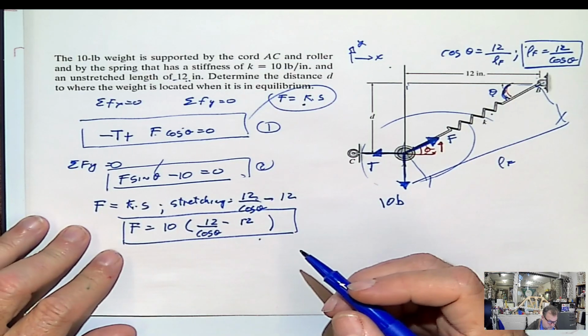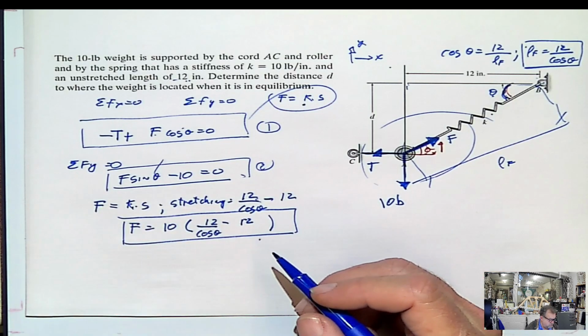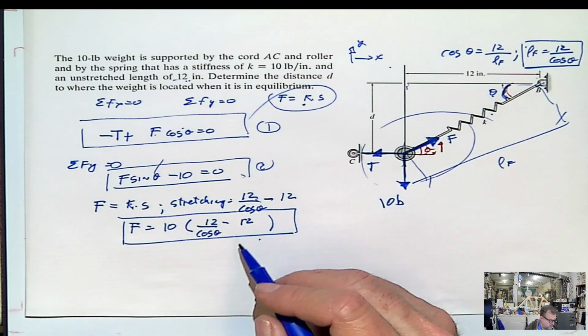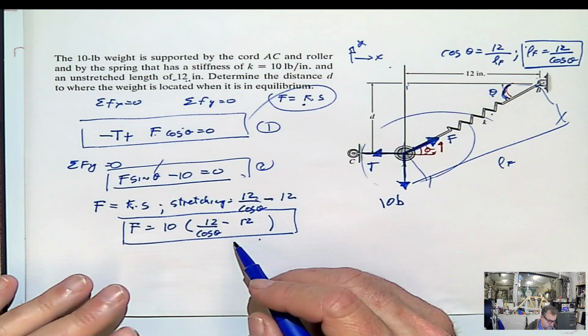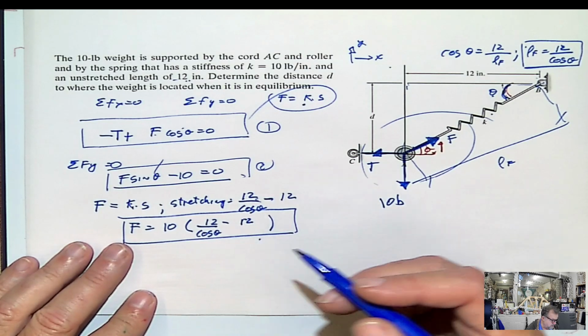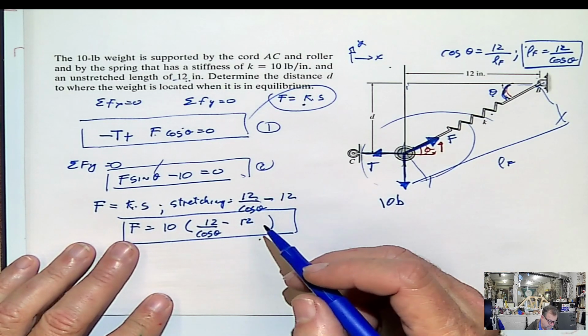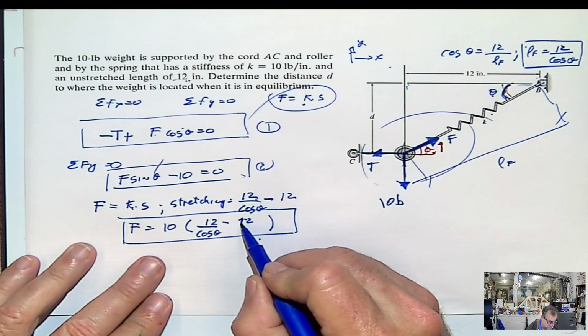And now what do we do? Well, we can work with all of the equations that we have together. Yeah, that's what we have to do. We have to work with everything that we got here.